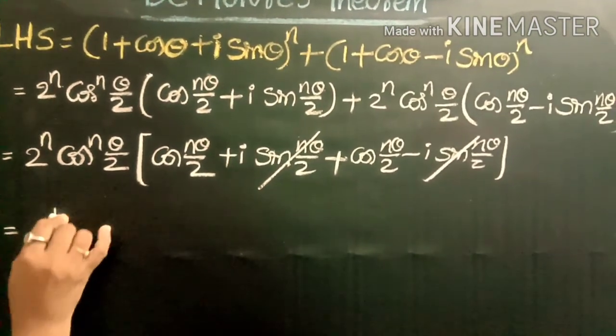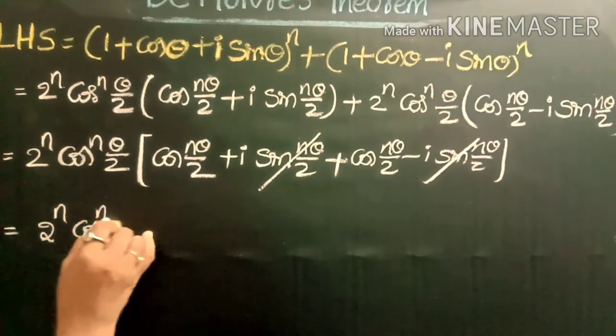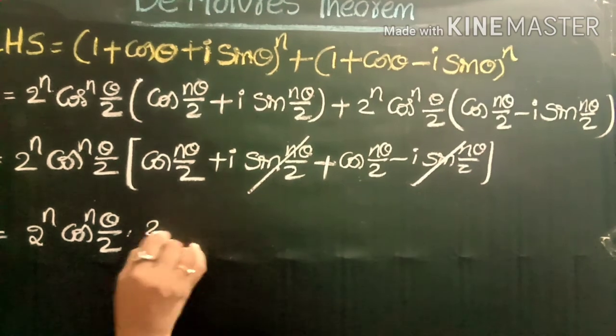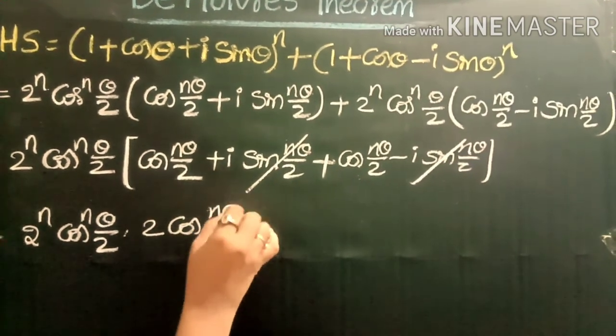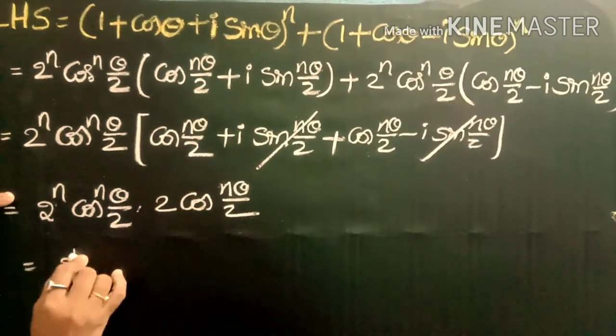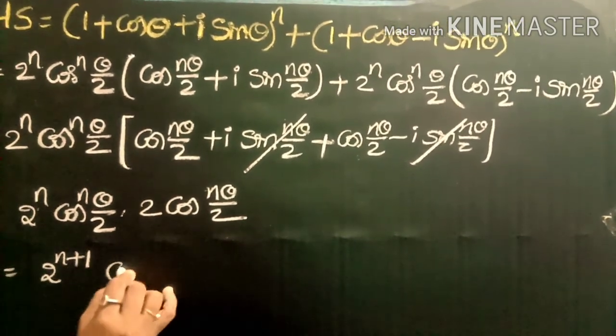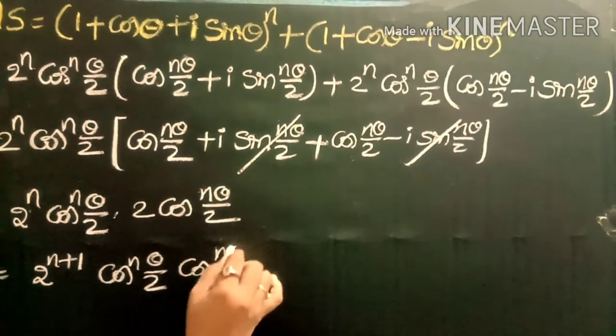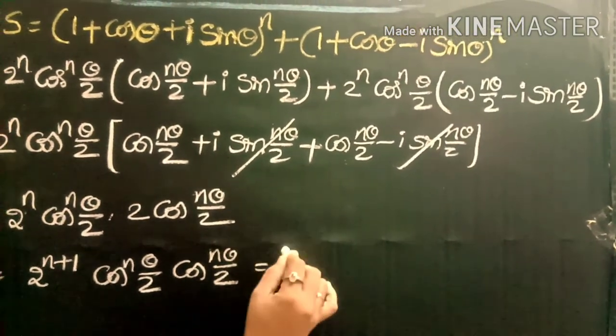Now writing the remaining terms, 2 power n into cos power n theta by 2 into (cos n theta by 2 + cos n theta by 2), that is 2 cos n theta by 2, and this is equal to 2 power n into 2 power 1, which means 2 power n+1, into cos power n theta by 2 into cos n theta by 2, that is equal to RHS.